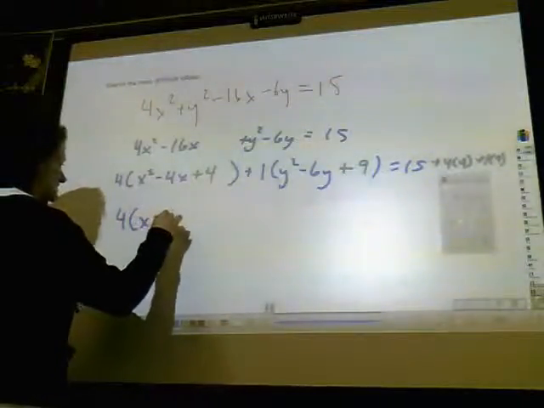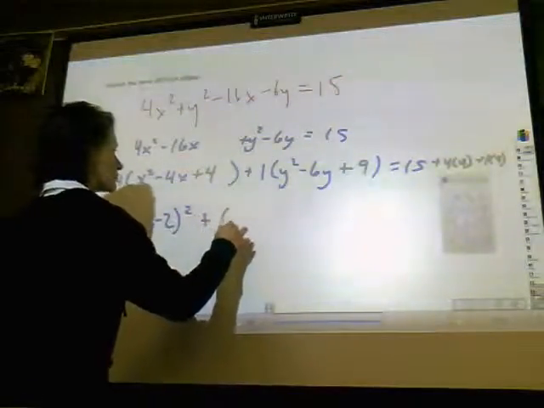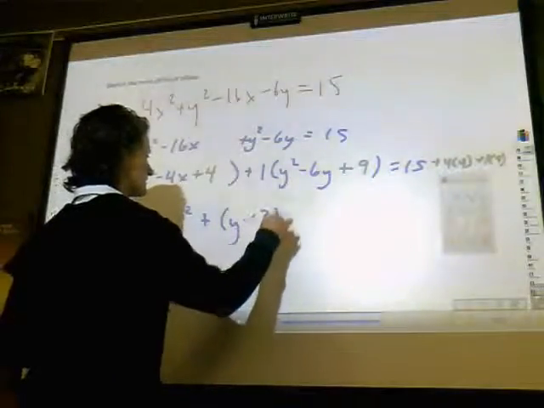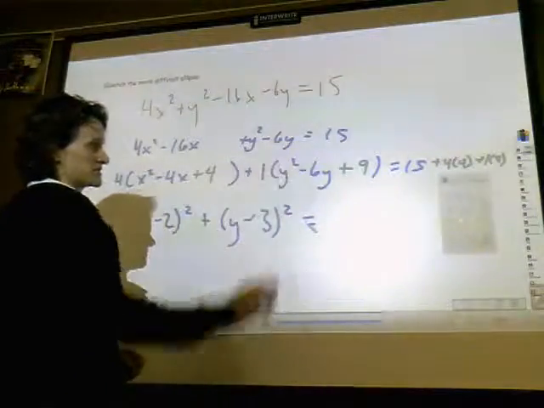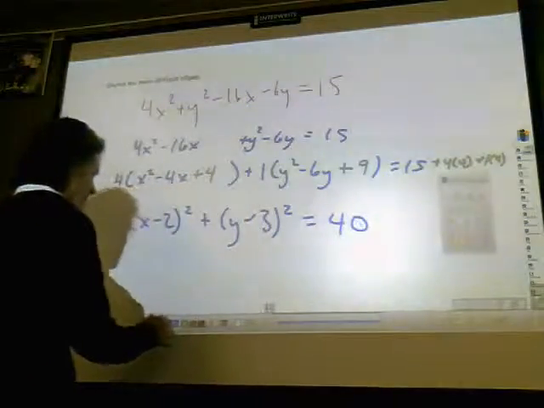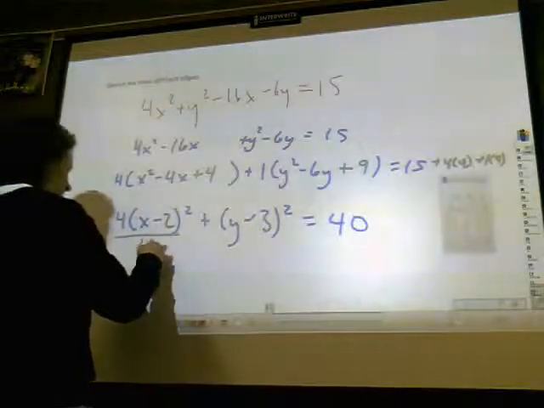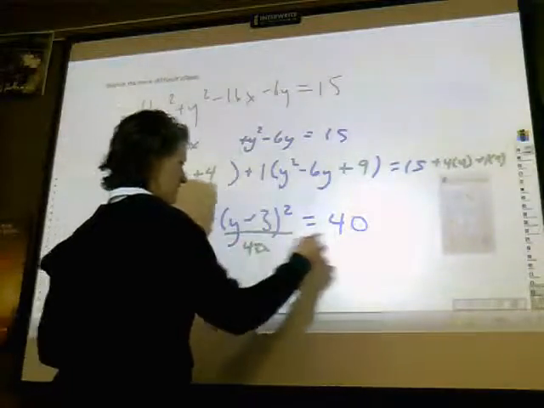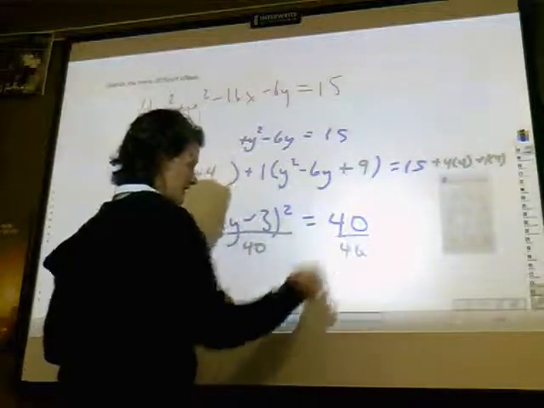Completed the squares, x minus 2 and y minus 3. Add all that together, 31 and 9 is 40. And then, just like before, our last step is divide both sides by 40, because we need a 1 here.